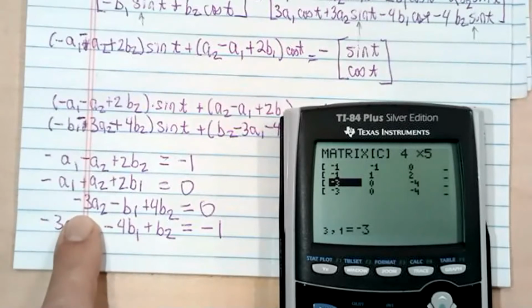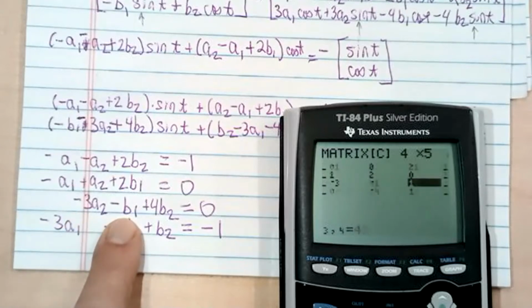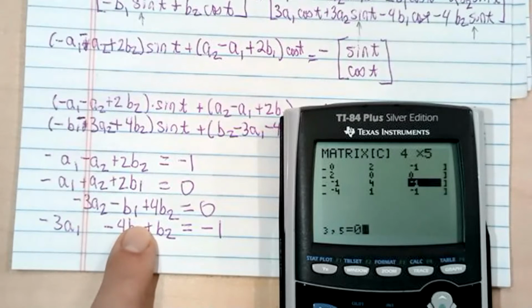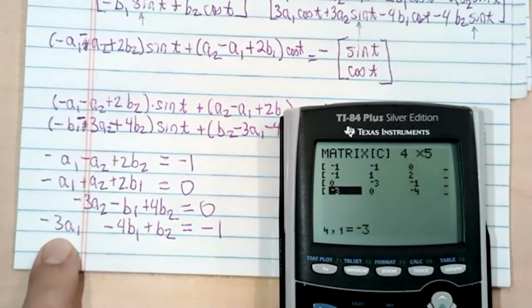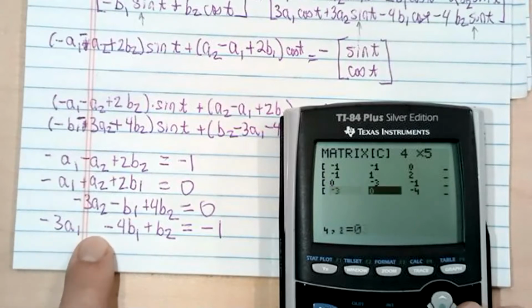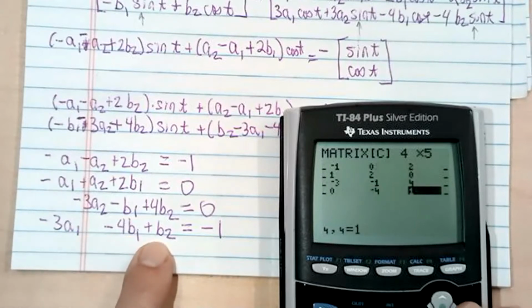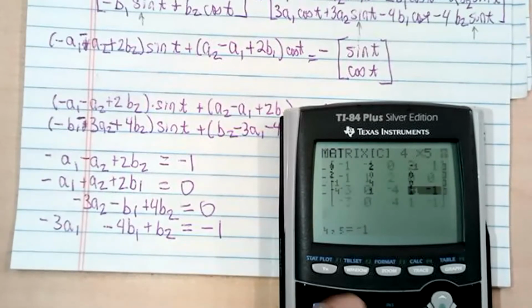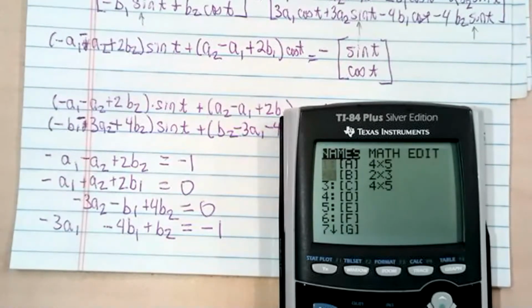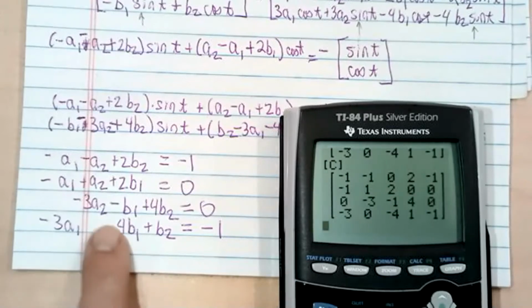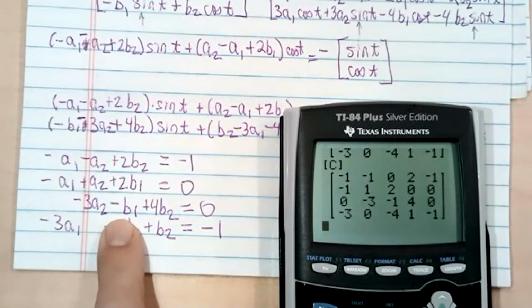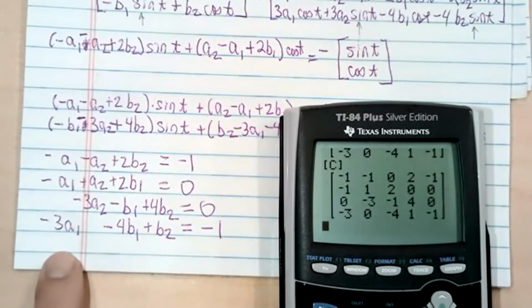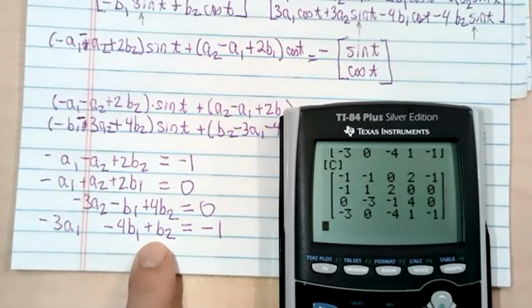Third row should be 0, minus 3, minus 1, 4, and then 0. Then minus 3, that's correct, 0, minus 4, 1, minus 1. That looks okay. Okay, where were we? 0, minus 3, minus 1, 4, 0. That looks right. Minus 3, 0, minus 4, 1, minus 1.